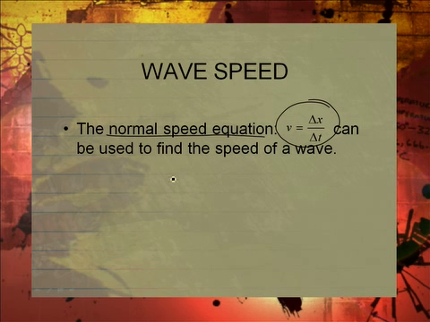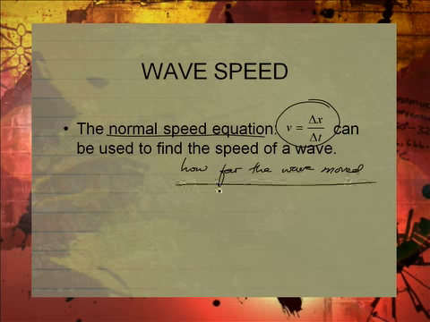So in other words, if you're told how far the wave has moved, which is the distance, and you are told how long it took the wave to move that distance, you should be able to find the speed.